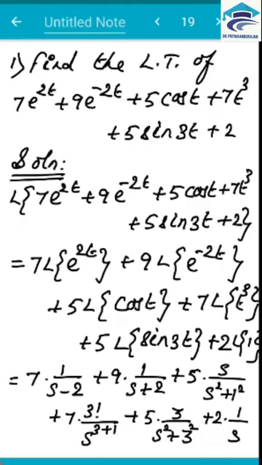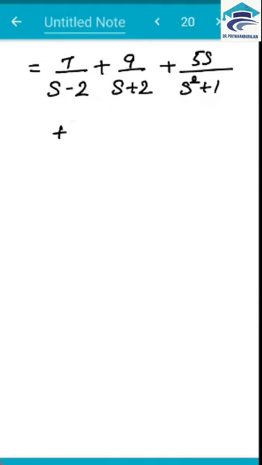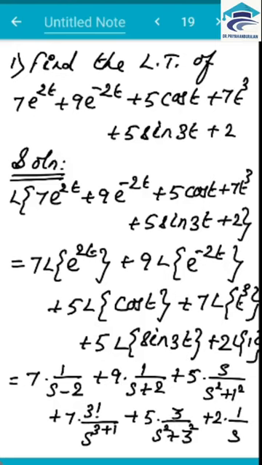So what about the next term? It is 3 factorial into 7. So 3 twos are 6, 6 into 7 is 42. So 42 by s to the power 4, plus the next term, 5 threes are 15.